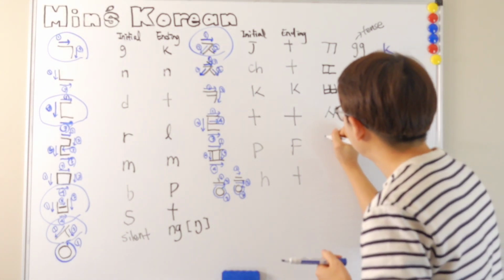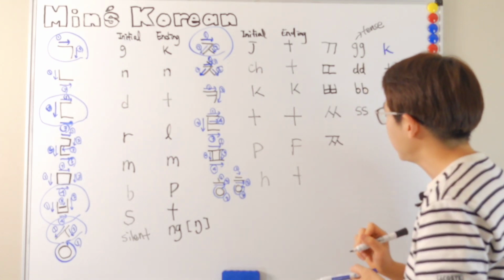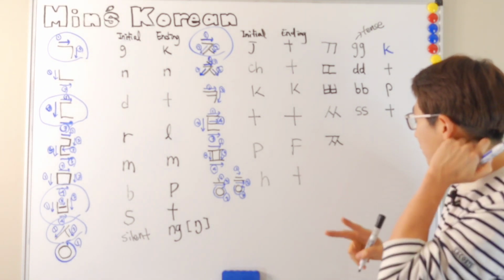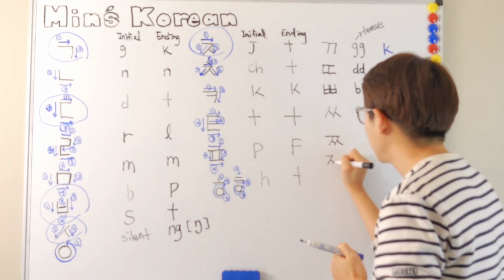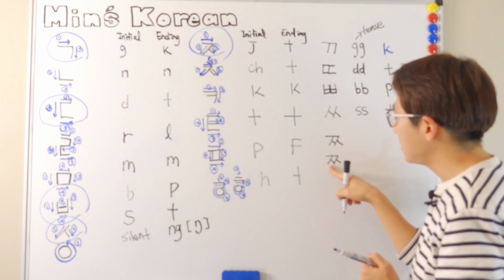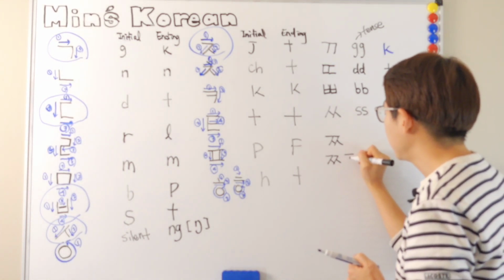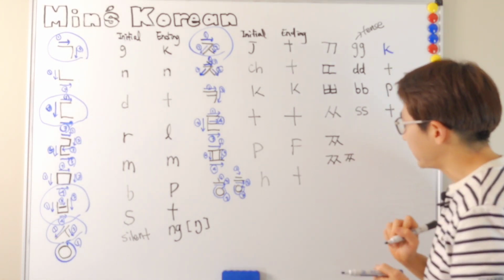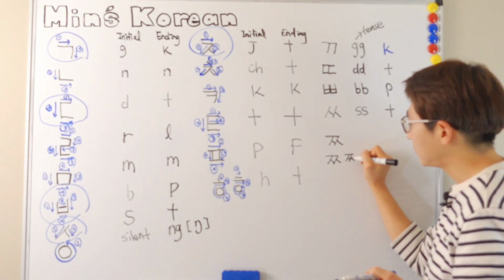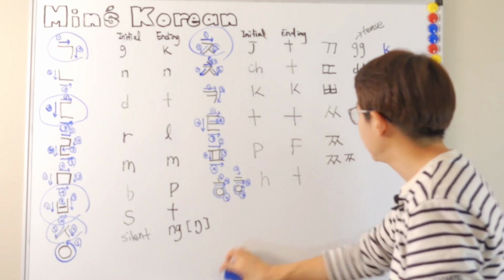Lastly, we have two 지읒 together. Okay? And again, this one has two ways of writing it. First, we have basically overlapping one 지읒 after another 지읒. However, there's another one which is just doing it like that. So make a big left and right stroke and then just do two, okay? Whichever you want.